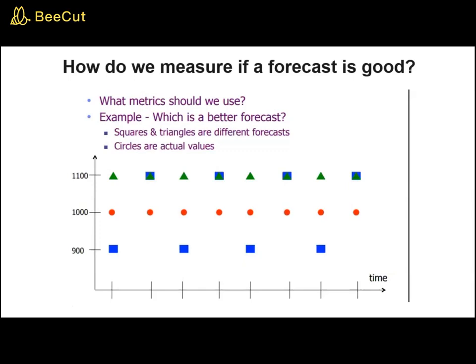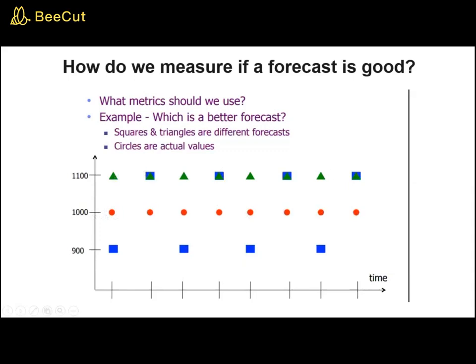In the next couple of slides, I'll be talking about this. But when you're consistently always either over predicting or under predicting, that is called bias. You have a bias. If, on the other hand, in this case, you're sometimes over, sometimes under, if you average this out, it's going to be somewhere in the center.